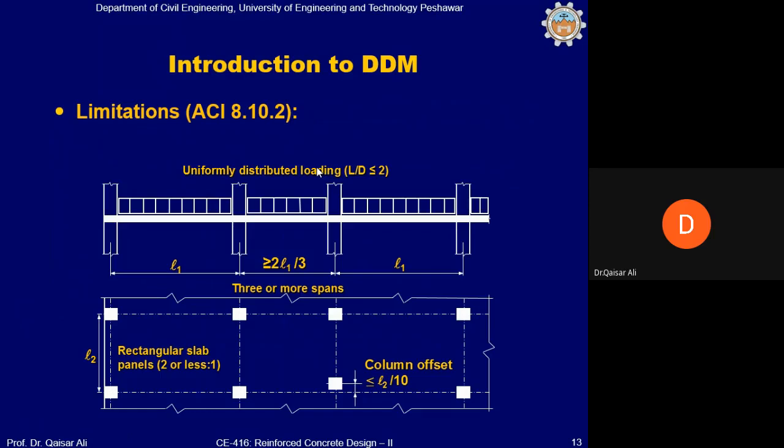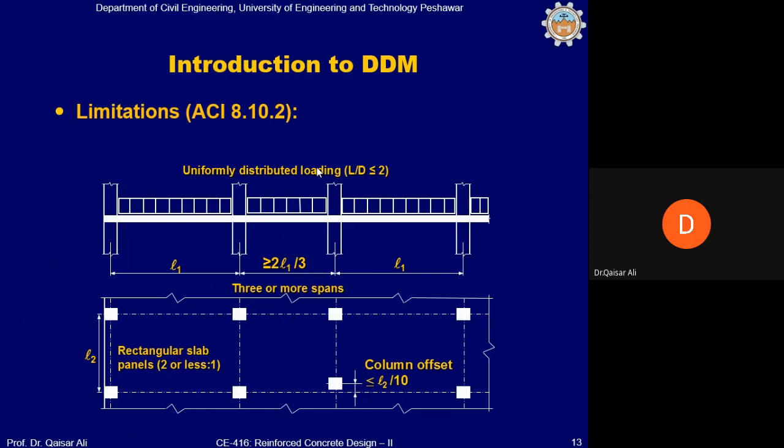However, there can be situations like warehouses and storage houses, and especially if heavy vehicles are to be accommodated on certain floors. Then live load can be much higher than the dead load. So if live load is twice the dead load or more, then this method cannot be used.